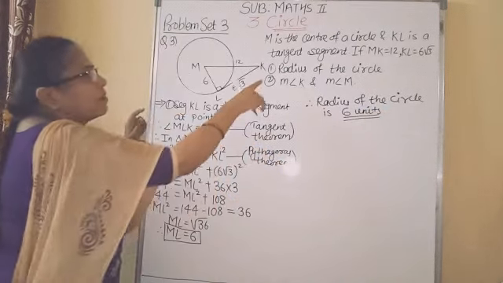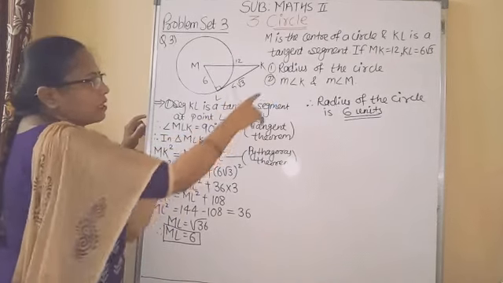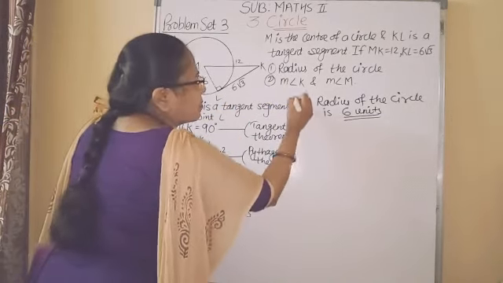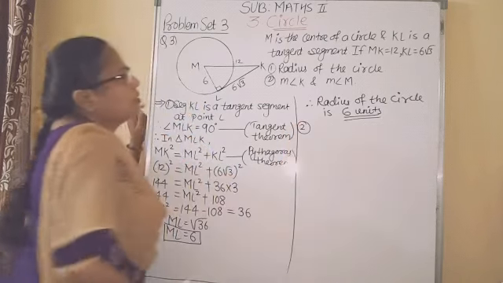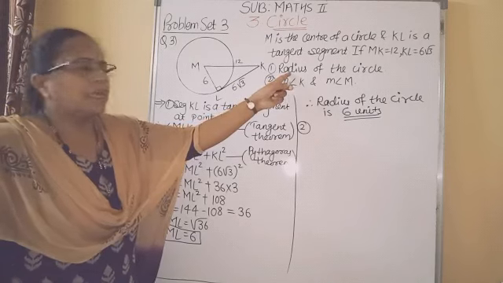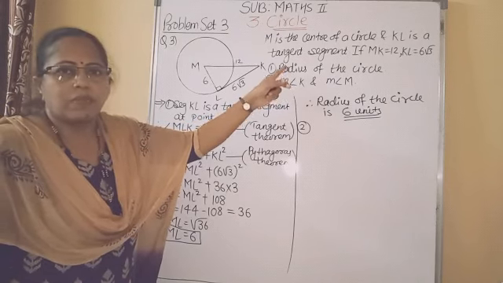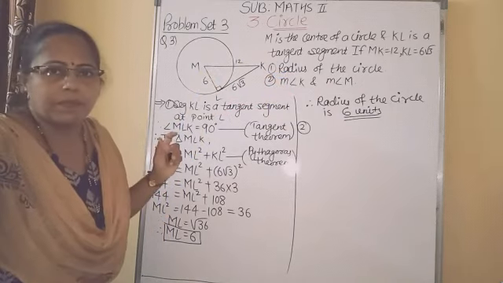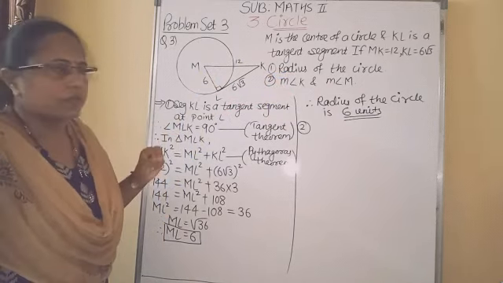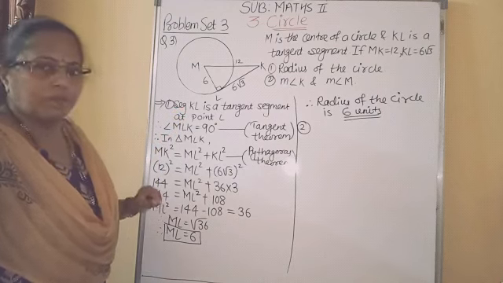This is the answer of the first question. Students, this year in March 2020 board exam, this first question came in the geometry paper for 2 marks. Okay, this much only.